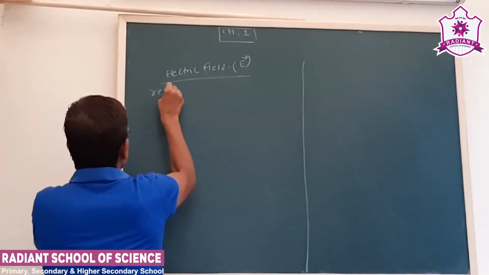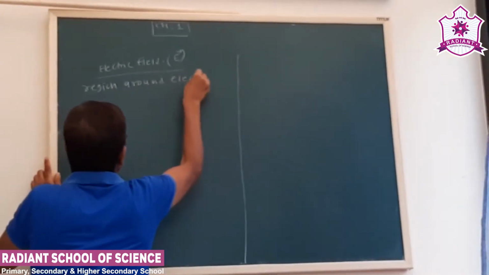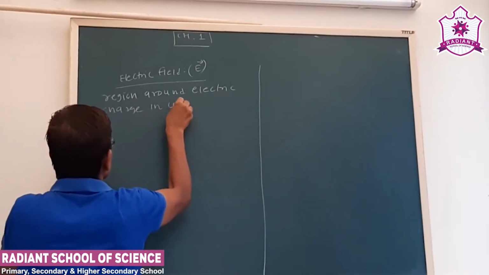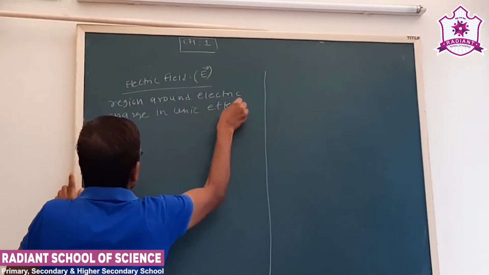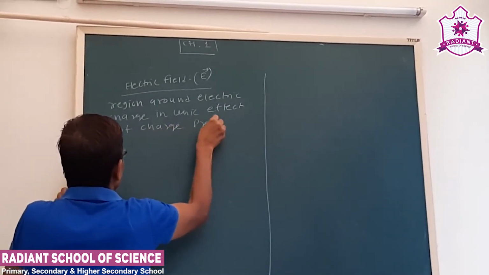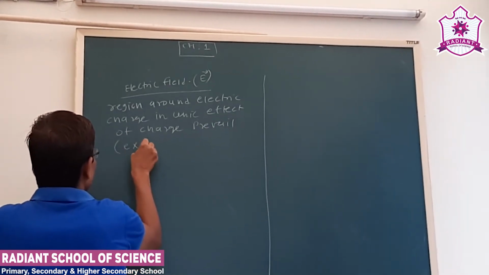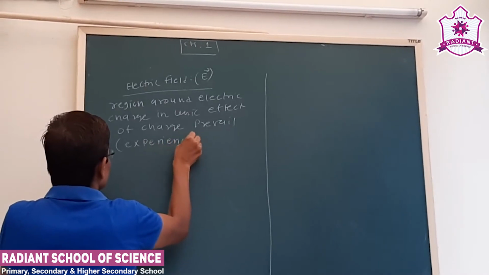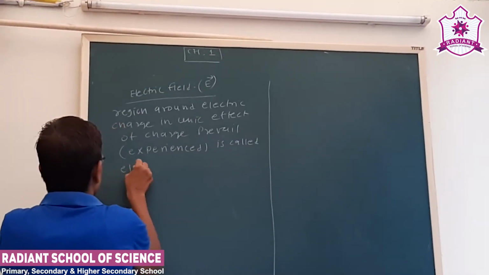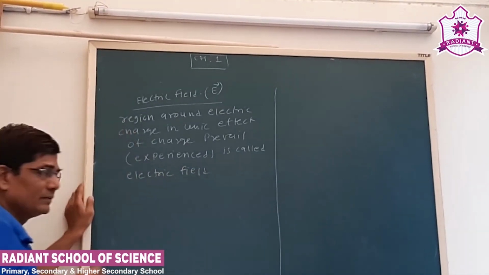The region around an electric charge in which the effect of the charge prevails or is experienced is called the electric field.